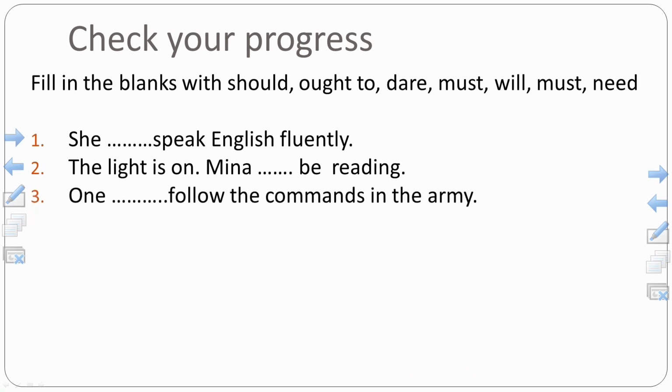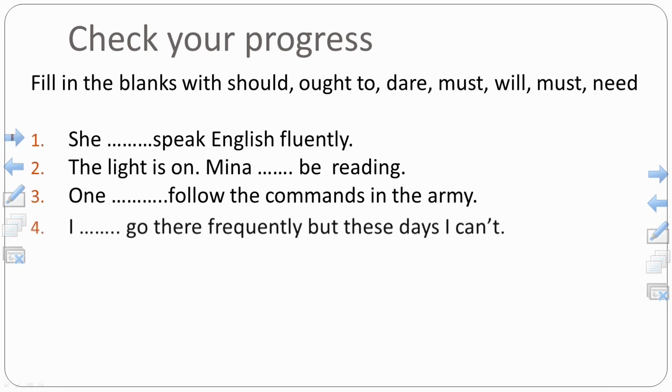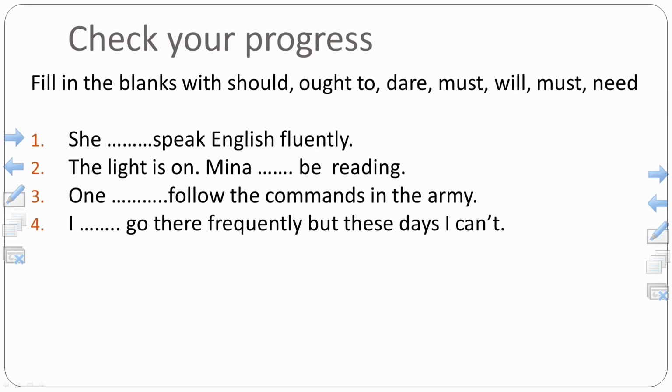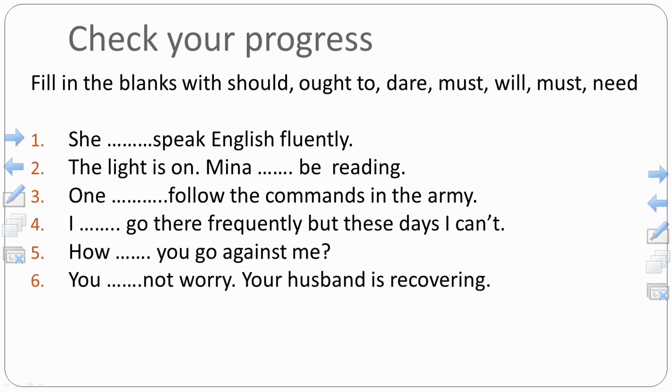Third is: one dash follow the commands in the army. I dash go there frequently, but these days I can't. How dash you go against me. And we see the sixth one, that is: you dash need, we can say, not worry, your husband is recovering.